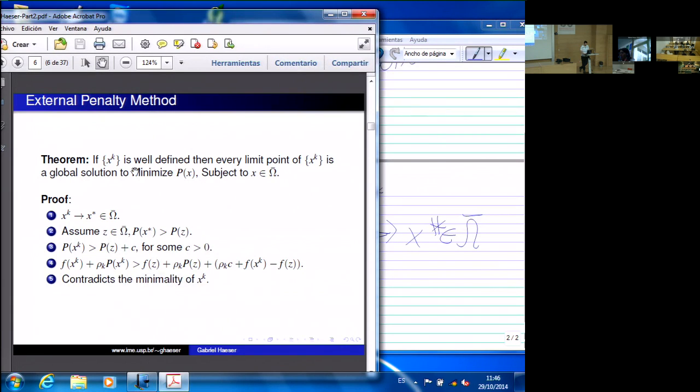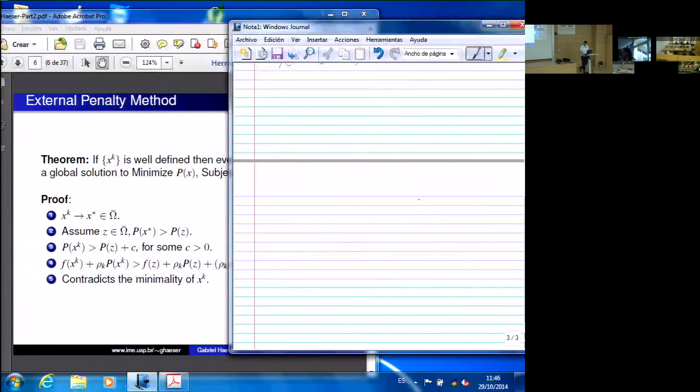So let's prove that, in fact, x star is a minimizer for this function p of x over every point in omega bar. So we will assume that this is not the case. We will assume that there is some z feasible for this problem such that the objective function is less in z than it is in x star. So assume there is this point.